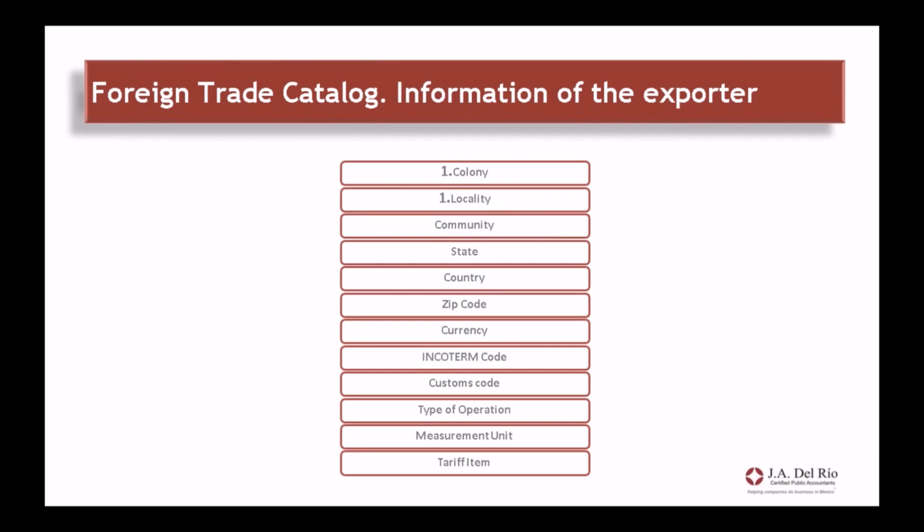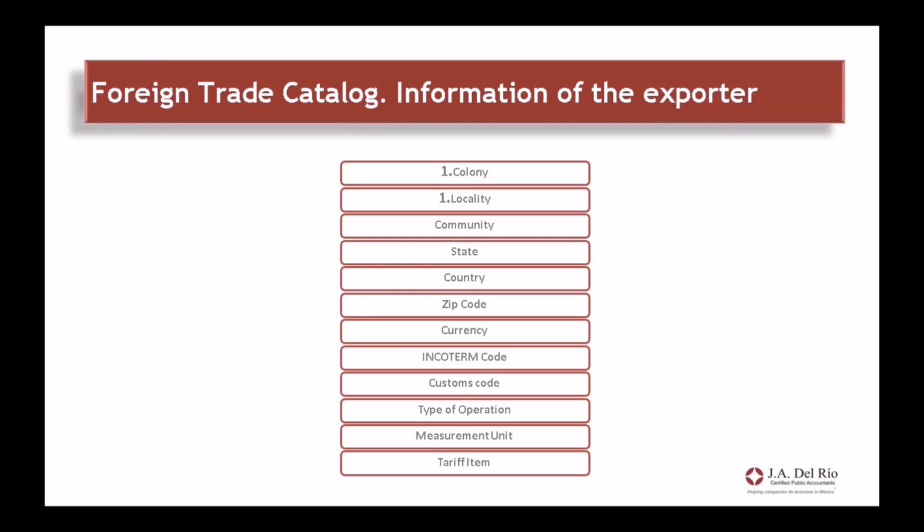So, talking about the structure that the Mexican tax authorities publish on their website, we can observe that there are 12 catalogs. For example, these catalogs ask for the colony, locality, community, state, country, zip code, currency, Incoterm, and all the other ones.